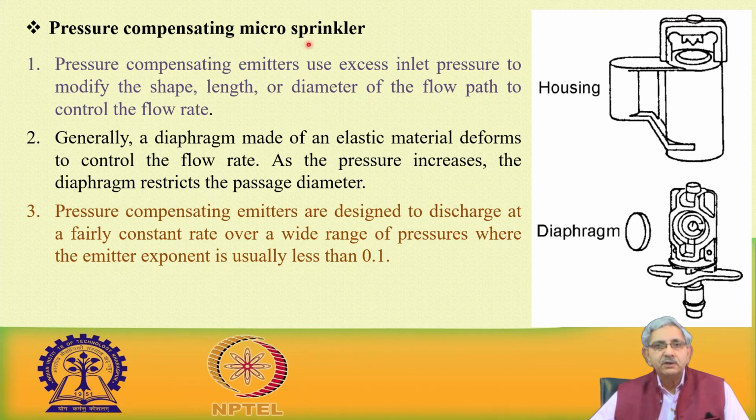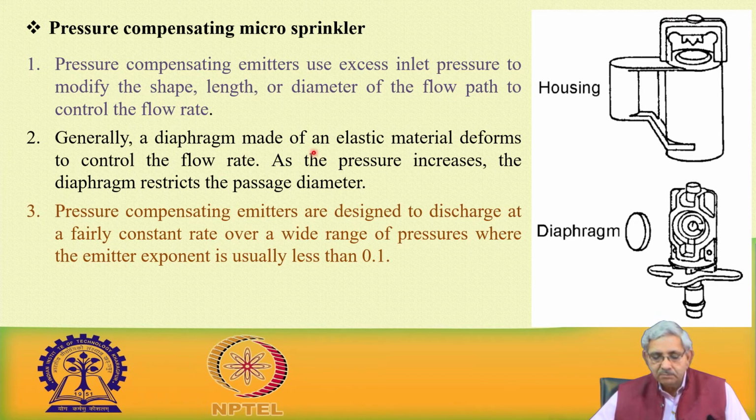Pressure compensating micro sprinklers use the inlet pressure to modify the shape, length, or diameter of the flow path to control the flow rate.